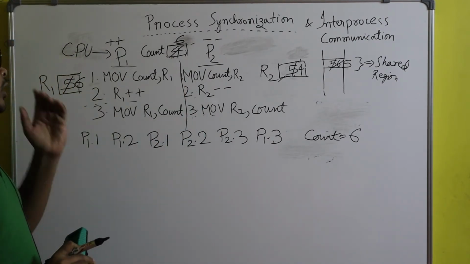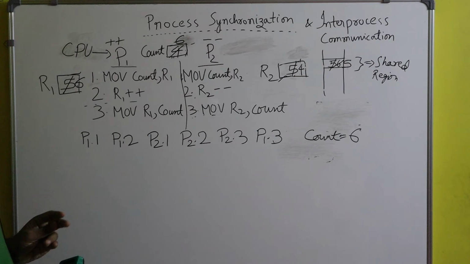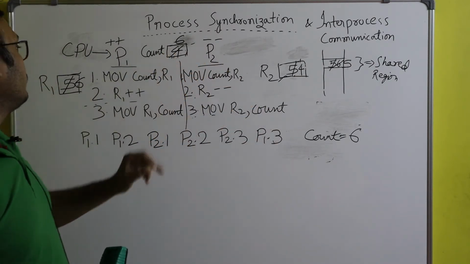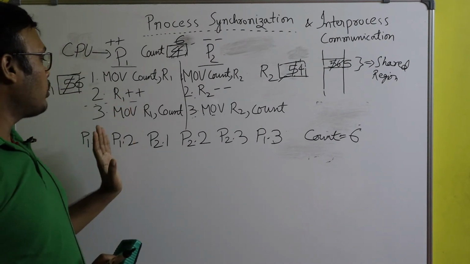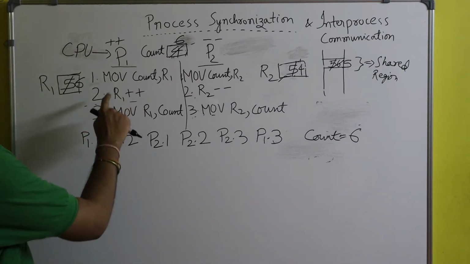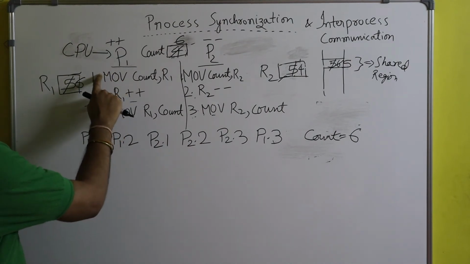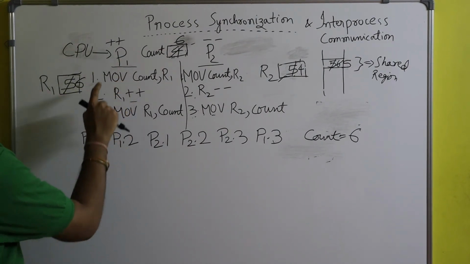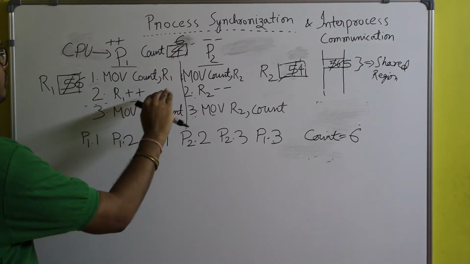Now you see, the order of execution was like this: process P1 executed its first instruction, second instruction, then preemption.